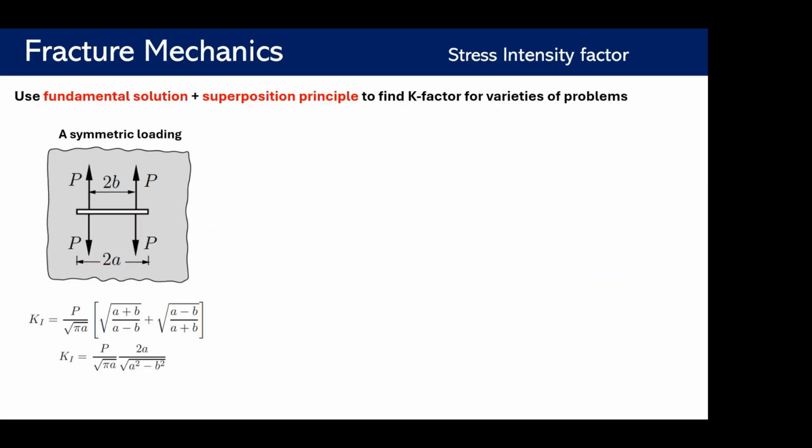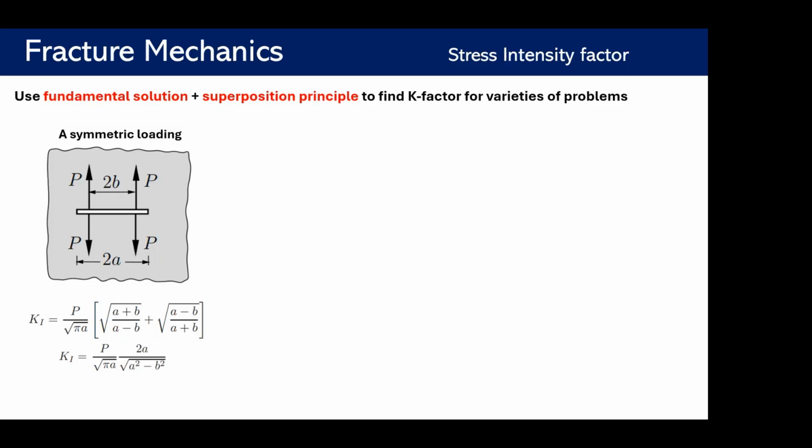For some specific symmetrical loadings, it's very important to memorize the final formula for the stress intensity factor, because those loadings happen a lot in the problems. For example, the first one is this loading case.